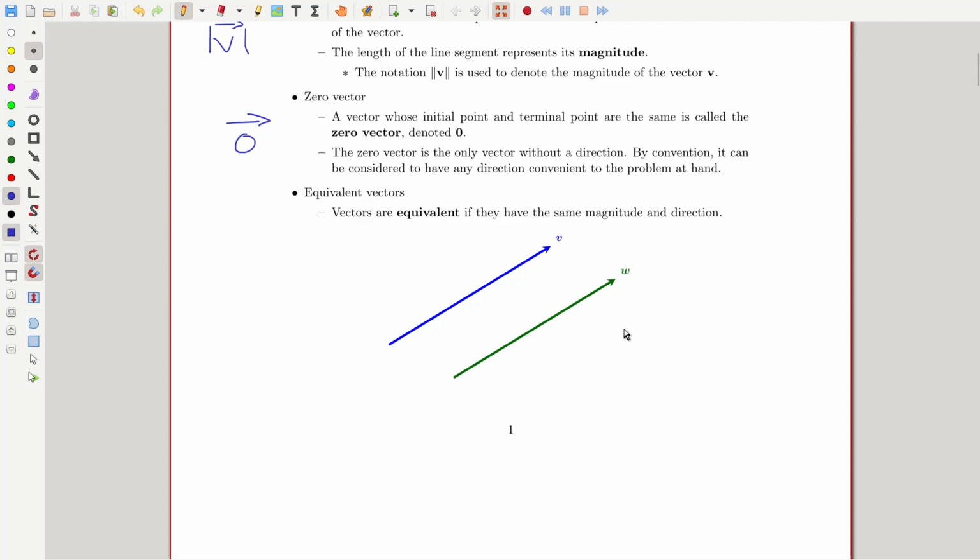Here's a little picture illustrating this. With the vector v and the vector w, you can see that they both have the same direction. You can also check that they have the same magnitude by sliding one over the other: the lengths of these line segments are the same. So these vectors are equivalent.